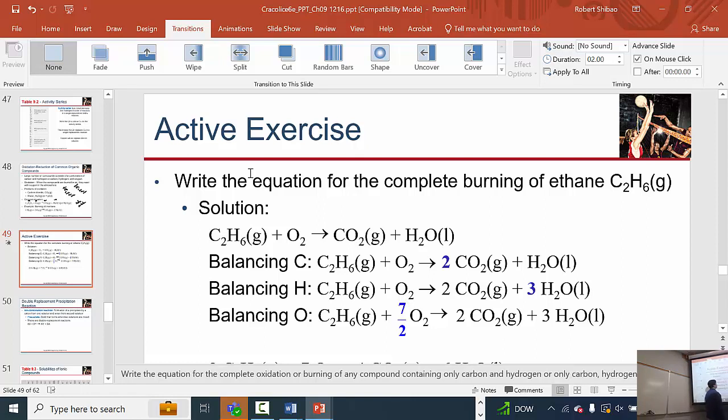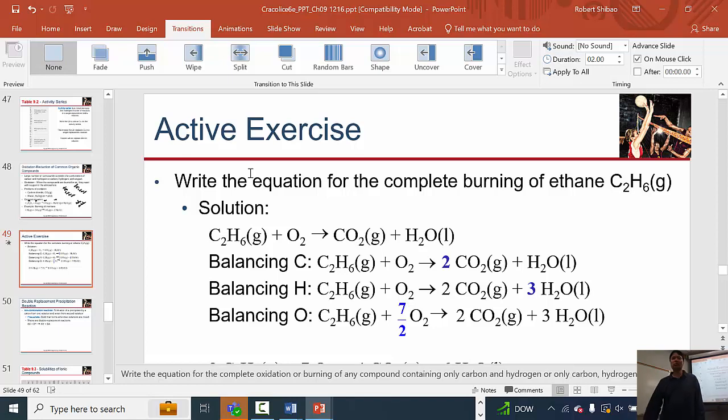And that leaves the oxygen. And so over here I have 2 times 2 is 4, plus 3 is 7. So I have 7 oxygens on the right. I need 7 oxygens on the left. So you know what they do? 7 halves. And that gives us 7 oxygens, and then it's balanced. But do you want the fraction there?